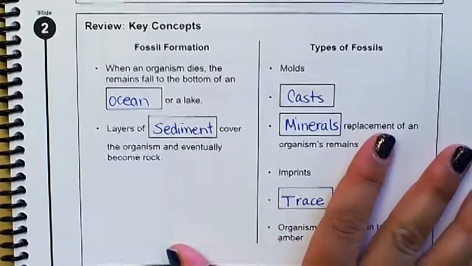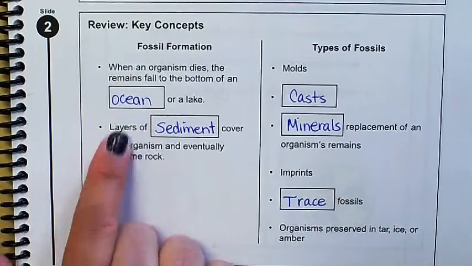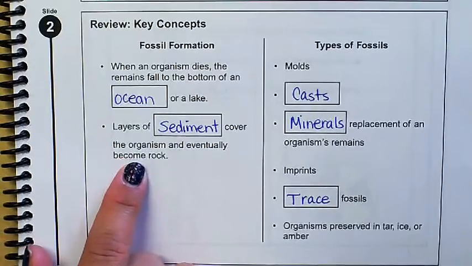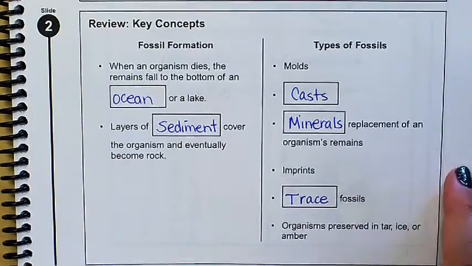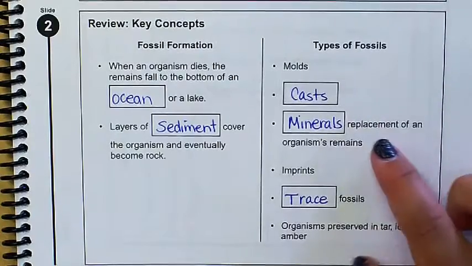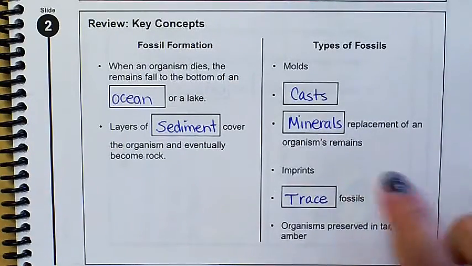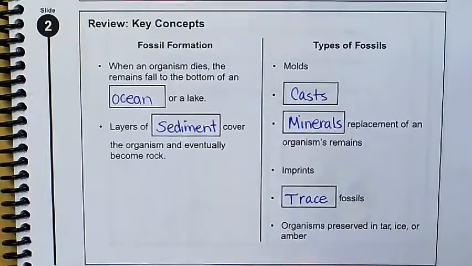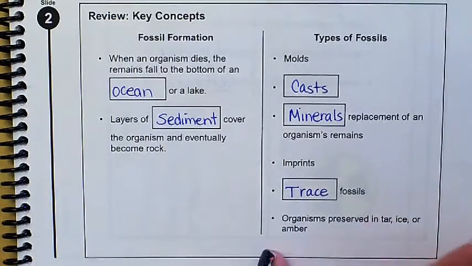Fossil record review. When an organism dies, the remains fall to the bottom of the ocean or a lake, and then layers of sediment cover the organism, eventually becoming a rock or fossil. Types of fossils: molds and casts, where minerals replace the organism's remains. We have imprints or trace fossils, or organisms can be preserved in tar, ice, or amber.